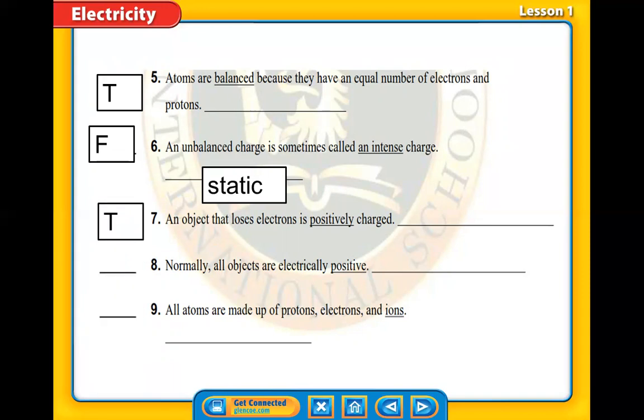Yes, because the number of the positive will be more than the number of the negative. It loses negatively charged particles. Number 8, normally all objects are electrically positive. False. In the normal case, without any reaction, the objects are electrically neutral. Number 9, all atoms are made up of protons, electrons, and ions. False, they are made up of protons, electrons, and neutrons.